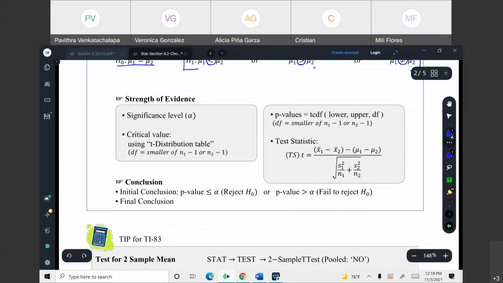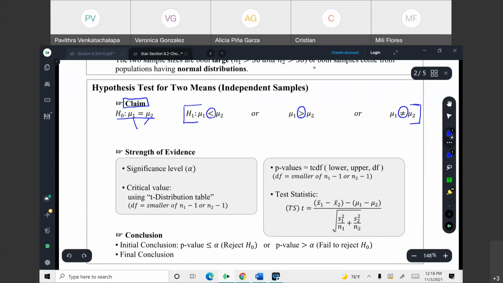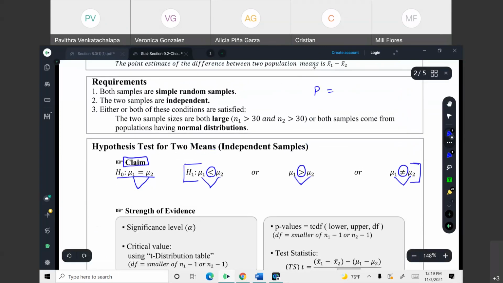Okay, so after this, now these two are comparisons. Now, whatever you were doing in your chapter 8, you were comparing your population mean and you had only one hypothesized value, right? So you used to write like this: P equal to 0.6 or mu, which is population mean, equal to 0.6. This is how you used to write.